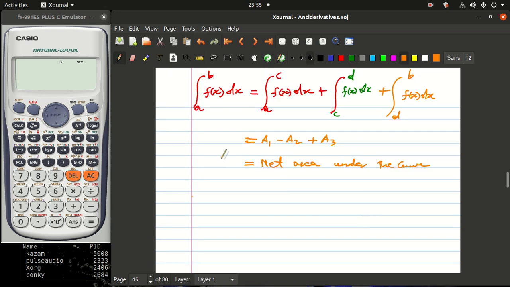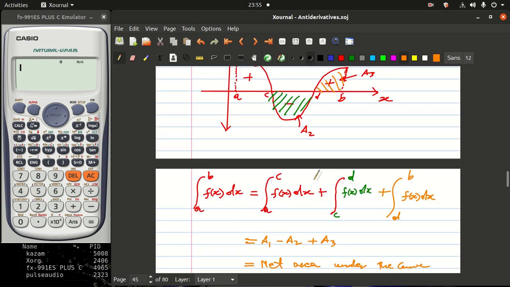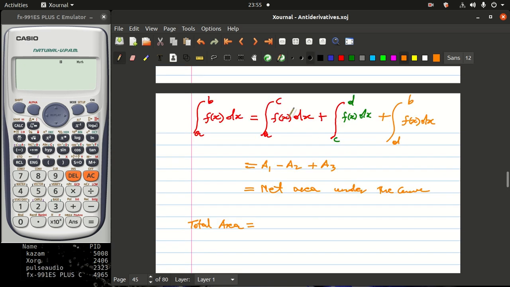So if you want to find the total area, instead of having these things, you will have to take the integral from this position to that position, which is the same as a1, and then plus you want to find the absolute value of the second area, and then you want to also add the third area.